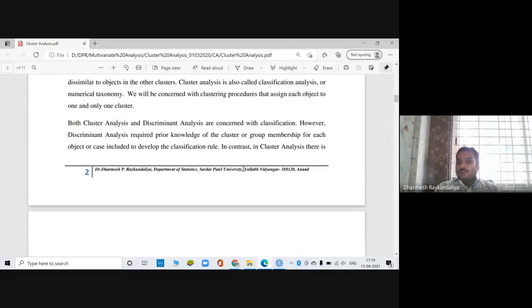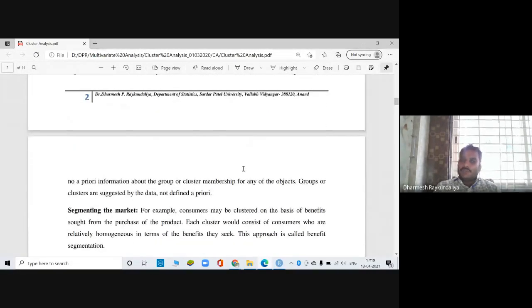However, in cluster analysis, there is no prior information about the group or cluster membership of any object. Groups or clusters are suggested by the data, not defined a priori. So in cluster analysis, we do not have any prior information available. In machine learning language, we call this unsupervised learning.